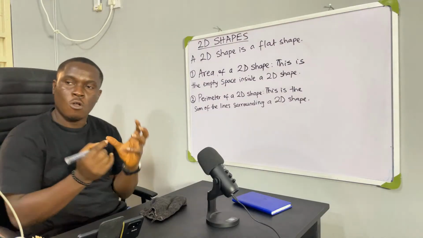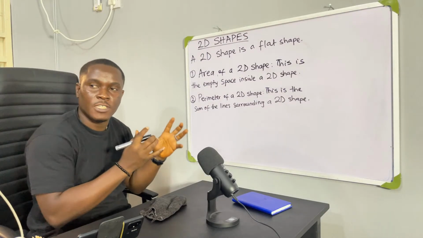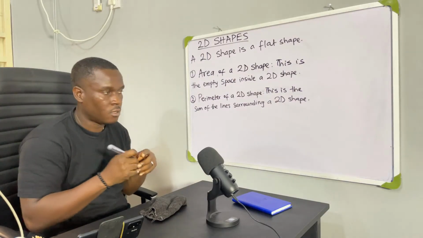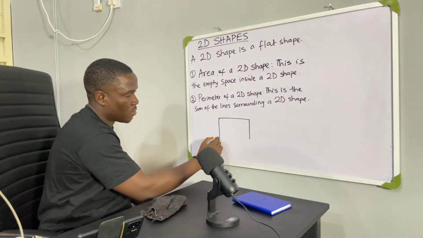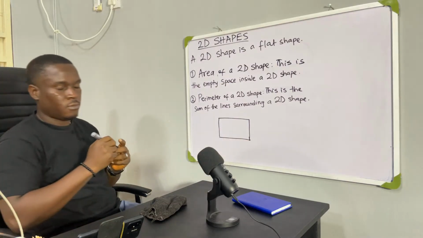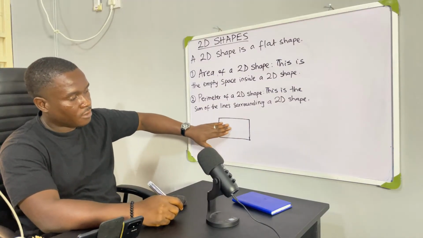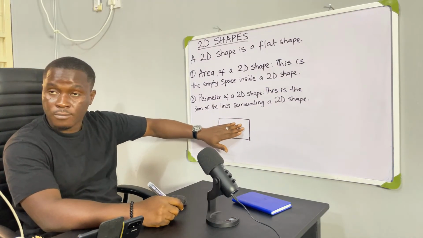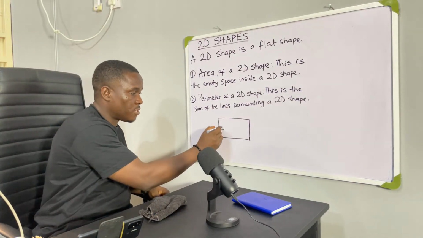So these are the 2 components that make up a 2D shape. You cannot have a 2D shape without these combining together. So let's look at this. If I have this 2D shape, you're going to see that there's an empty space here. What's that empty space called? That's the area. Empty space is the area.